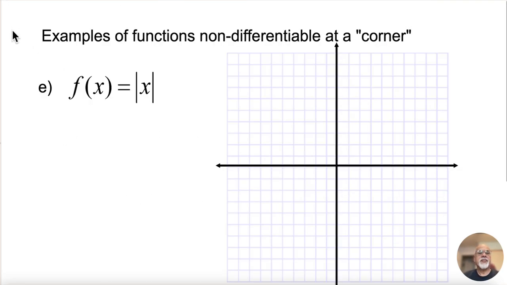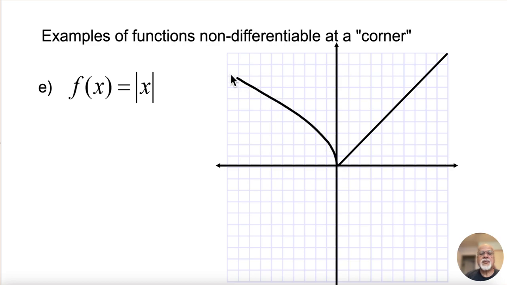Okay. Next, I'd like to take a look at what's called a corner. You'll recall that absolute value of x, y equals x so long as x is positive, and y equals the negative of x if x is negative. So we get this line. So that's what absolute x looks like, f of x.